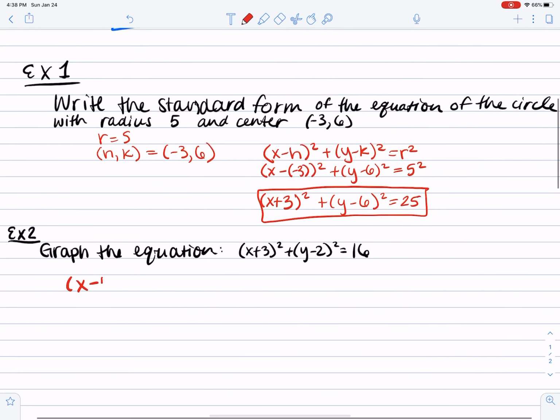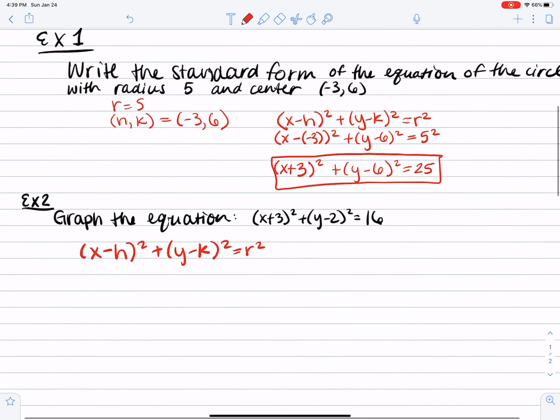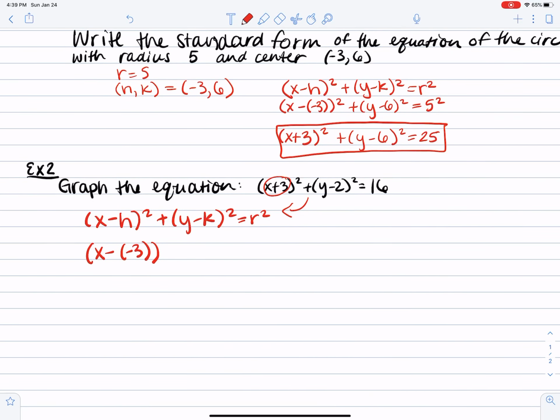(X minus h) squared plus (y minus k) squared. Okay, and then I'm just going to rewrite this given equation to look like this one down here. So I want it to say x minus, that means h would need to be -3 to make it this x plus 3 up here.